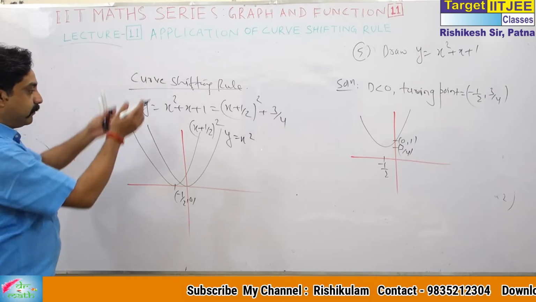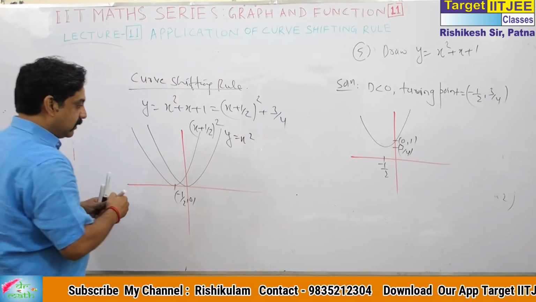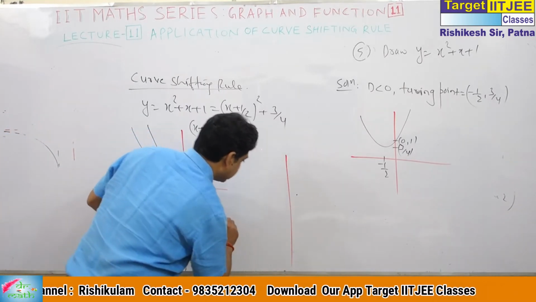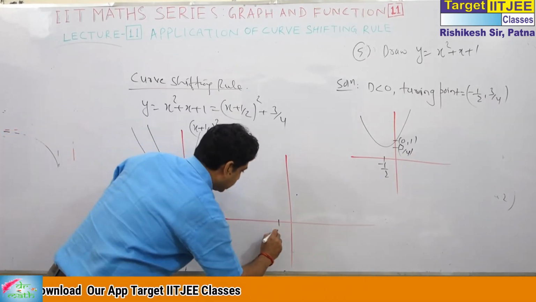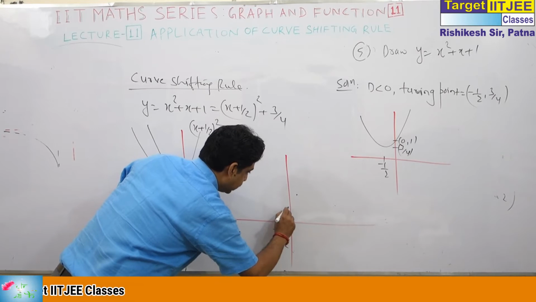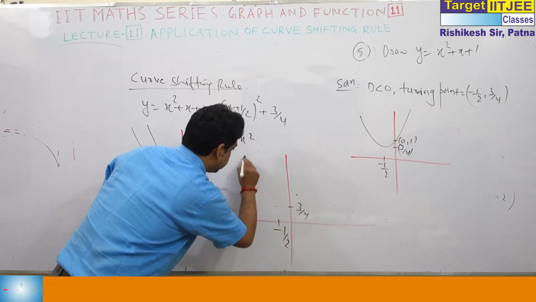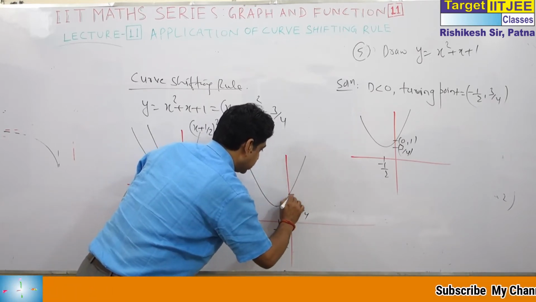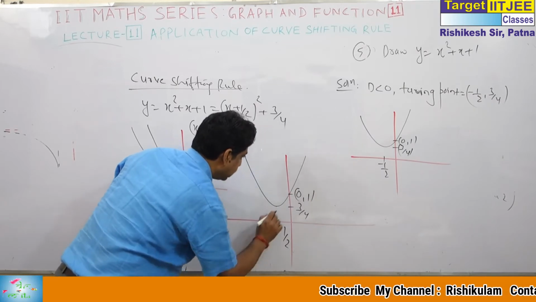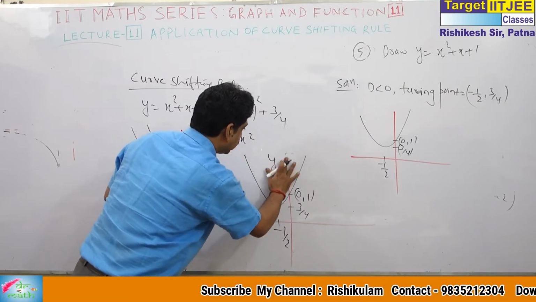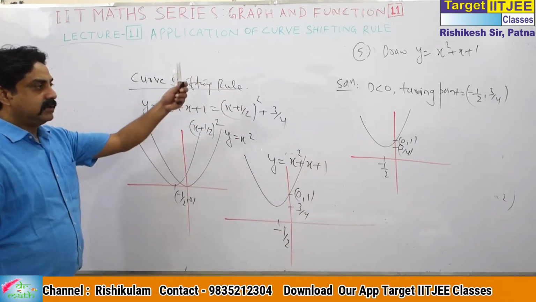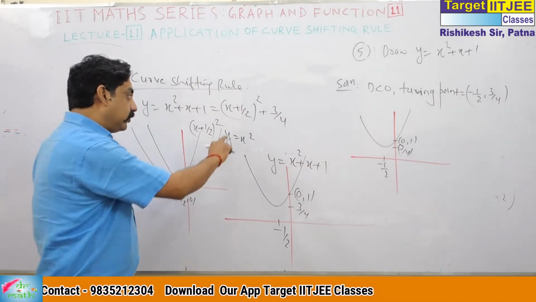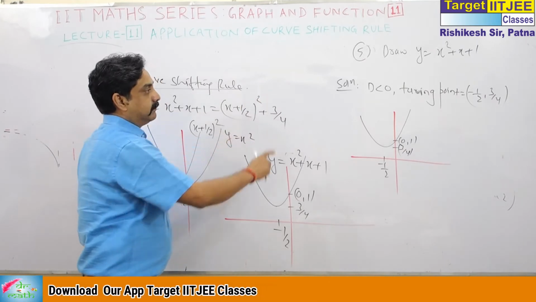Make it 3/4 unit upward. So the turning point is (-1/2, 3/4), and this is (0, 1). This is your y = x². You can do it like this, using curve shifting, if you are able to make the perfect square.